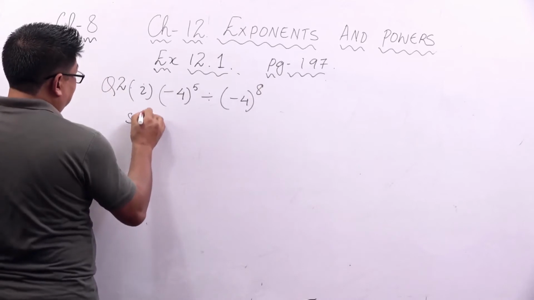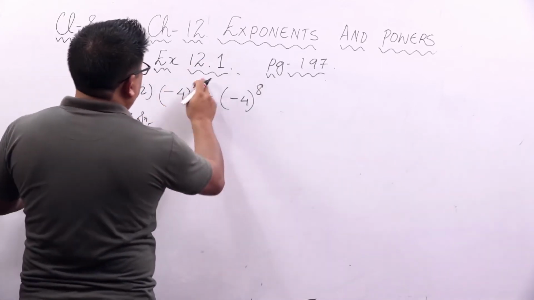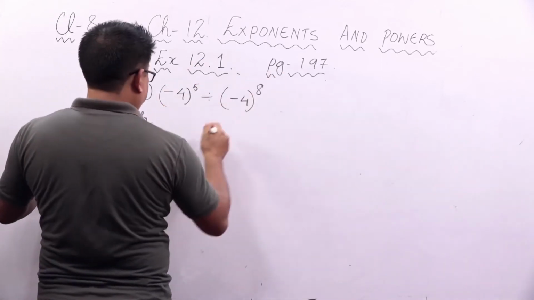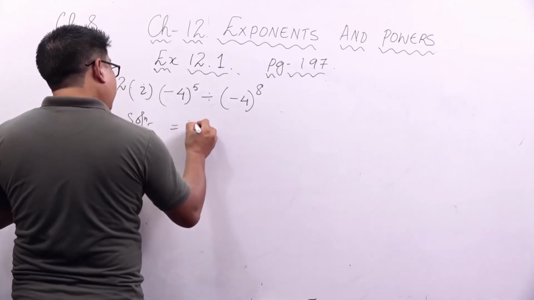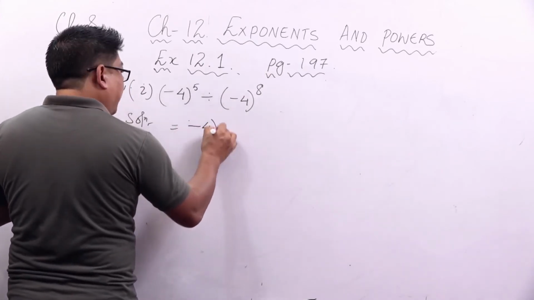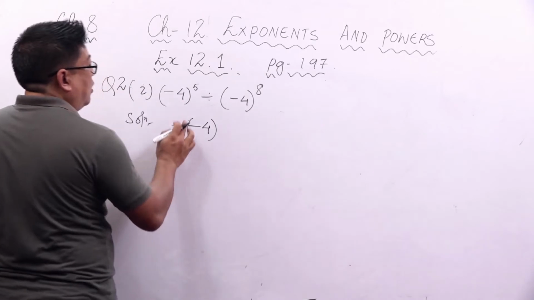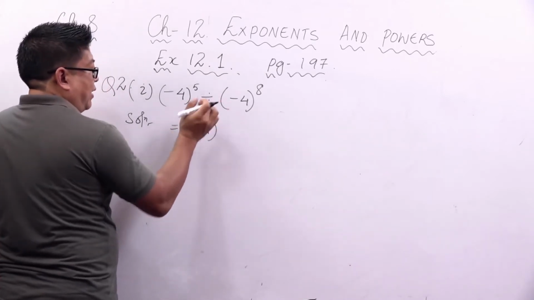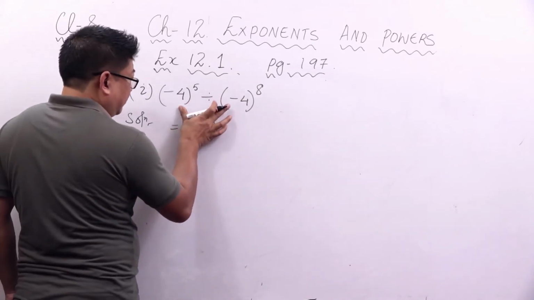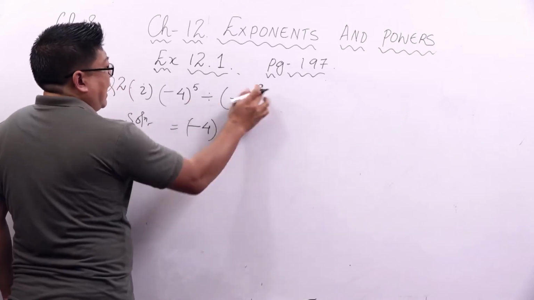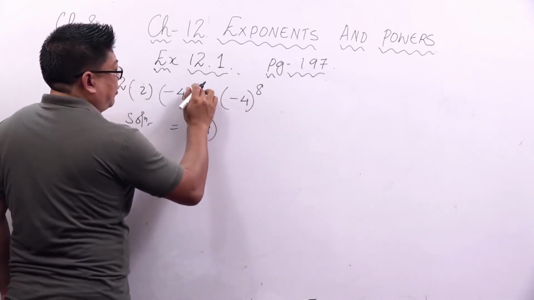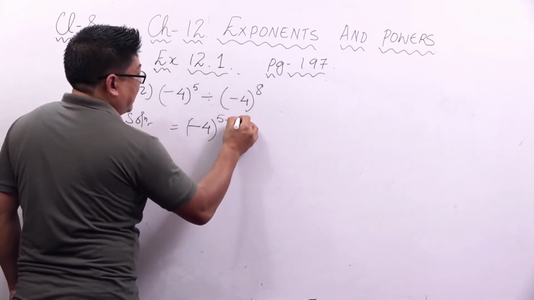So let's start. The first one is minus 4 to the power 5 divided by minus 4 to the power 8. This can be written as minus 4 common. All right, the law: same base divide. So minus 4 I'm taking common, and since it is divide, we will subtract the exponents.